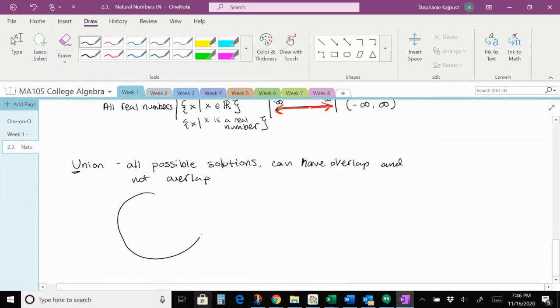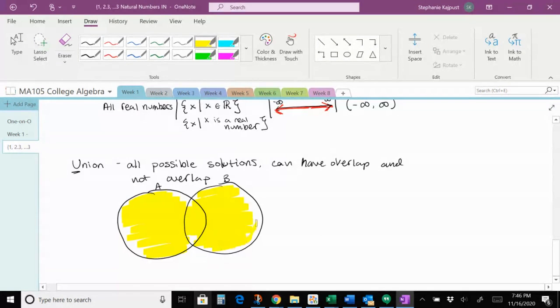If we think about it as a Venn diagram where you have two different sets, so let's say set A is the one on the left, set B is the one on the right, the union would include answers that are in A, or answers that are in B, or answers that are in both. So it's basically every possible solution. It'd be like your entire Venn diagram there. That would be the union.